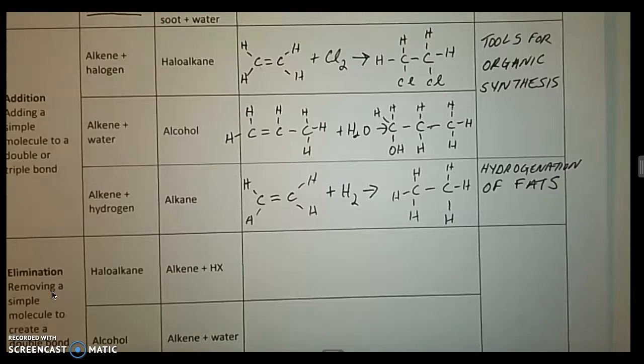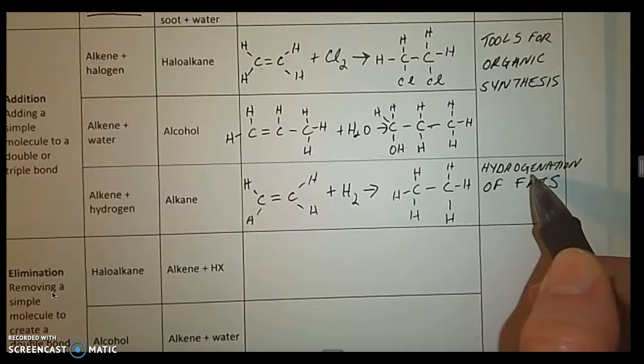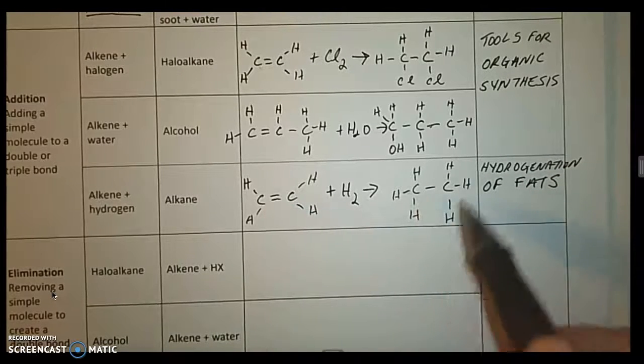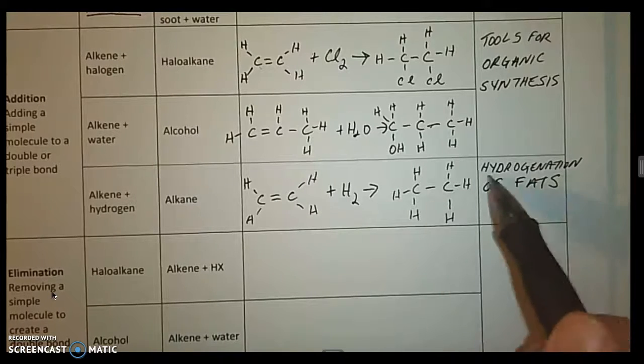When we talk about oils, we often think of things that are liquid at room temperature, and solid fats are solid at room temperature, so things like margarine. And hydrogenation is actually how we take a liquid fat like canola oil and convert it to a solid fat like we might see in margarine.